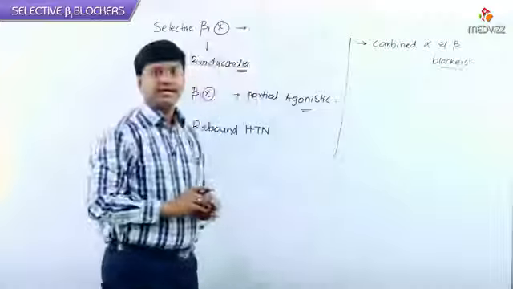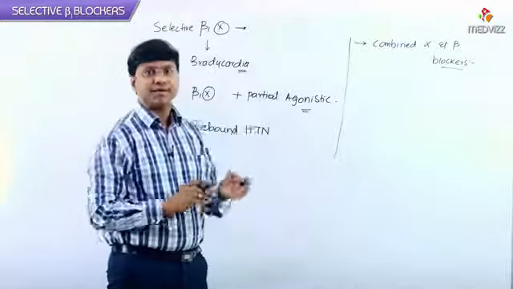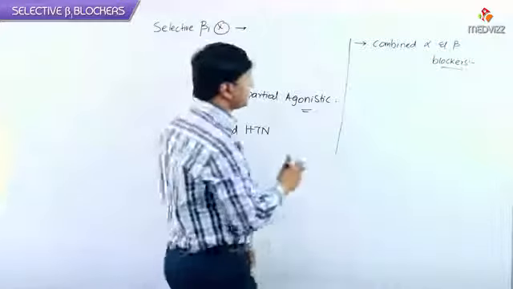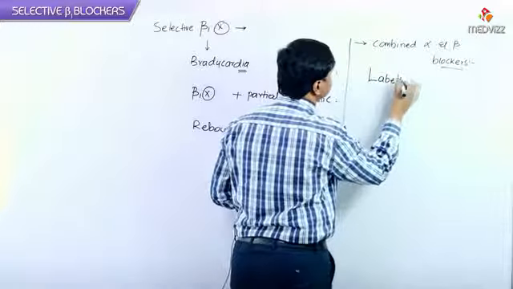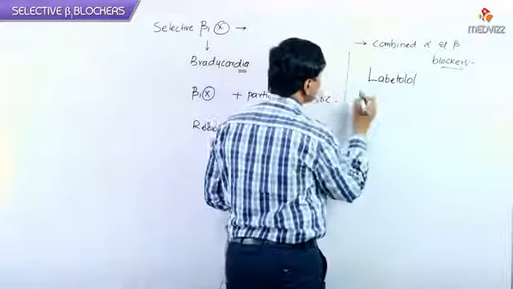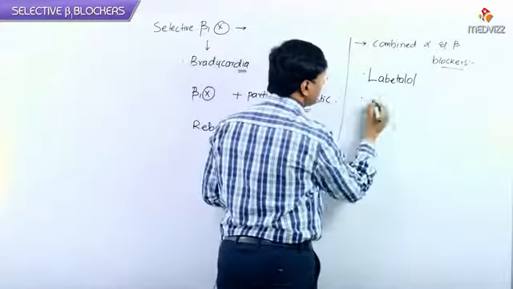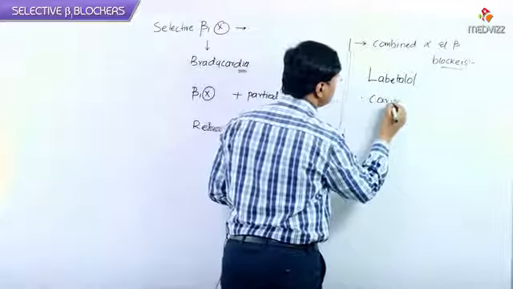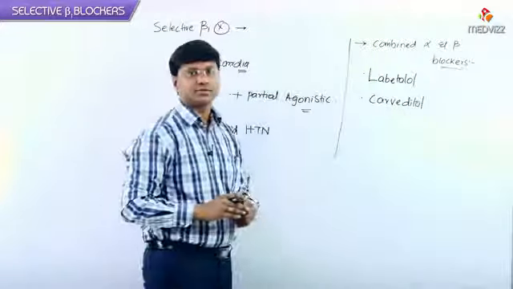The drugs under your combined alpha and beta blockers include, one, labetalol, and the other one, carvedilol.